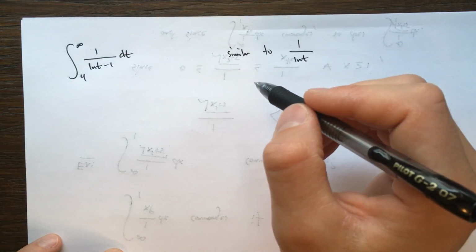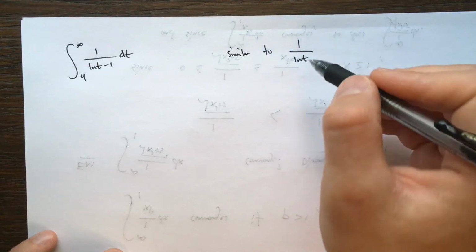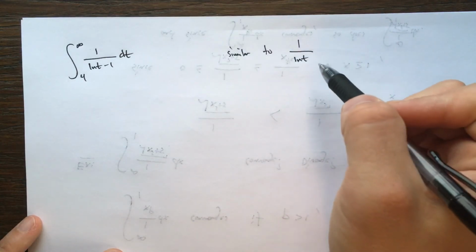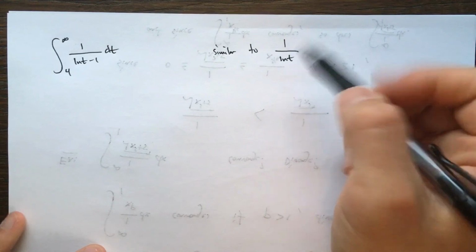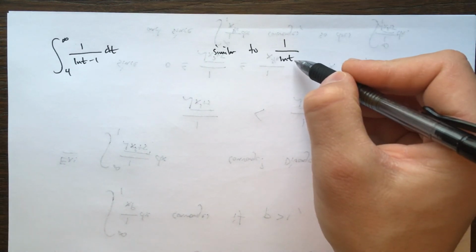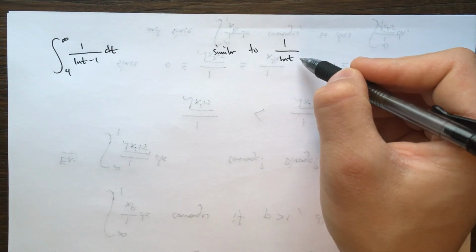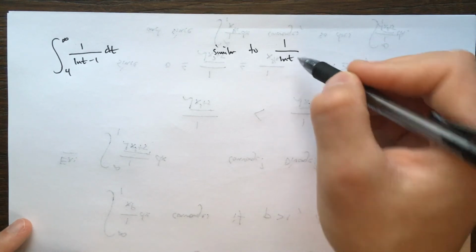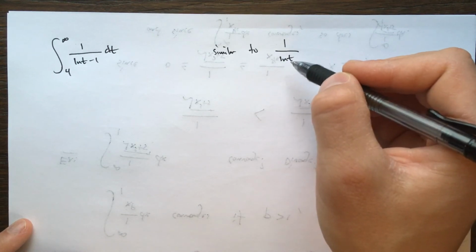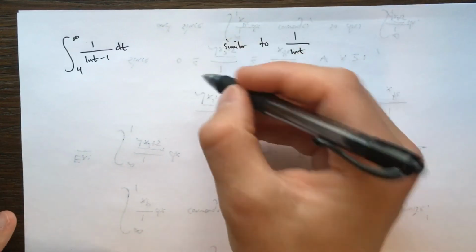It's not exactly like that, but it's similar to that. Now, just thinking about this a little bit, ln t does not grow very quickly, and so 1 over ln t is not going to get small very fast. So I think this might diverge. So let's think about this for a second.